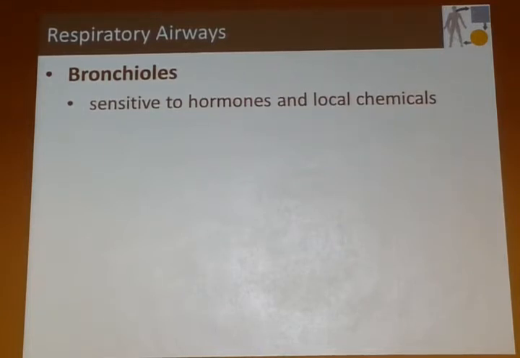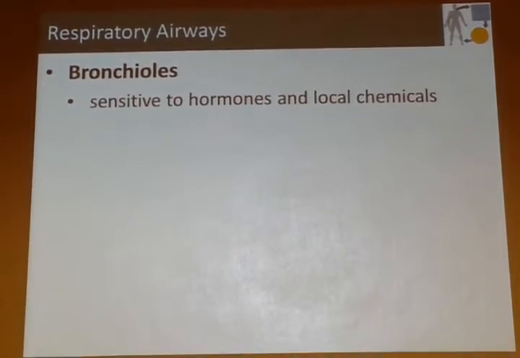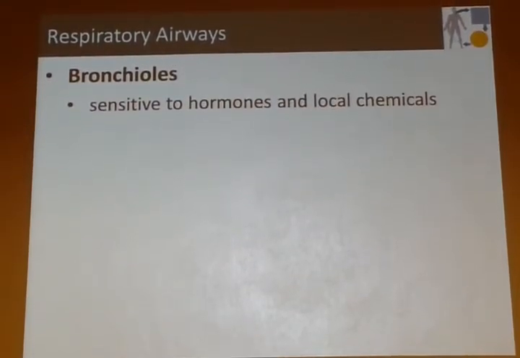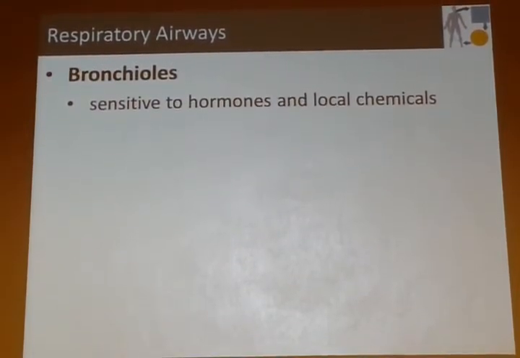So any irritants like histamine, you're going to have airway constriction. If you have a decrease in CO2, bronchioles constrict. Increase in CO2, dilate the bronchioles. So even at the level of the lungs, CO2 is driving how much air is getting in and out of your lungs.